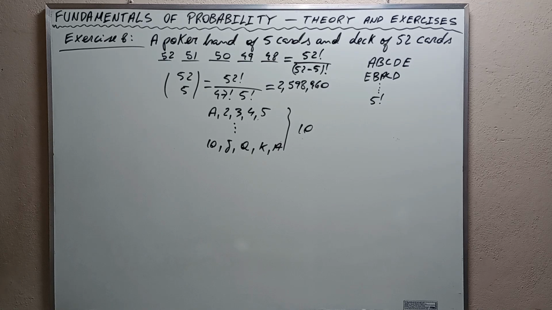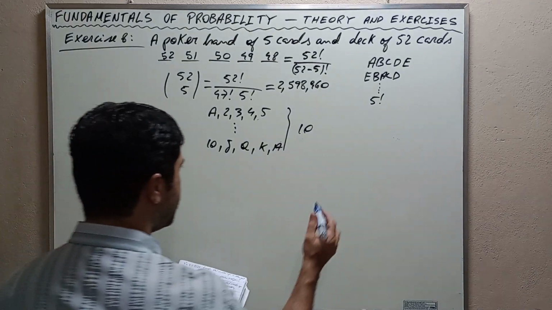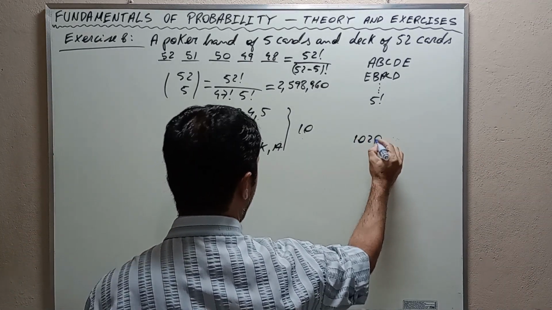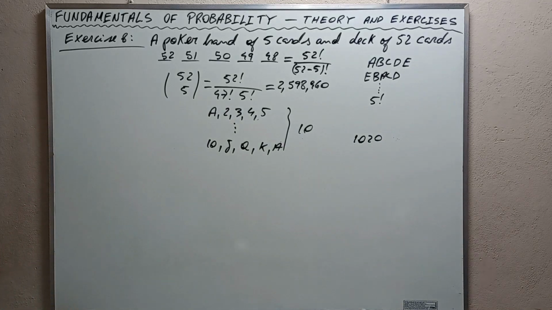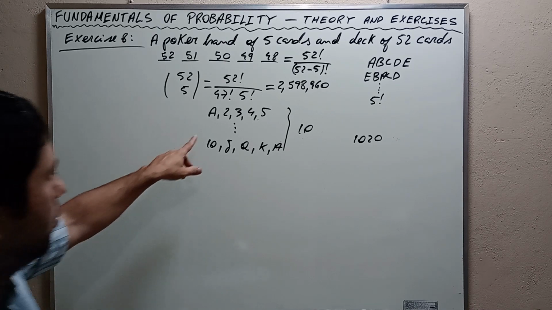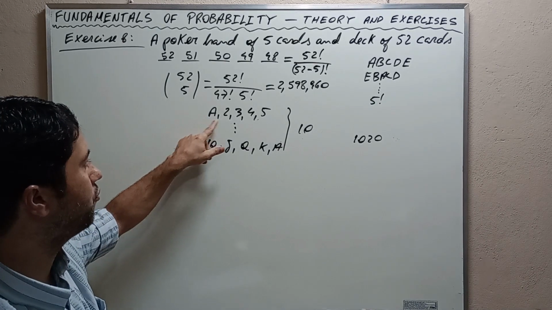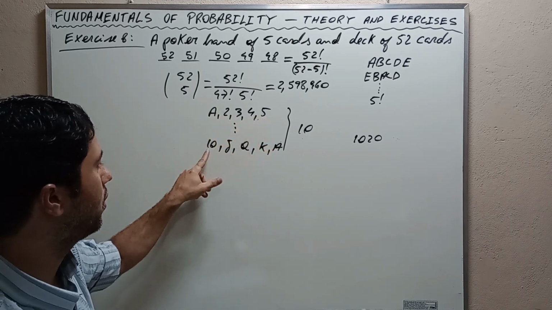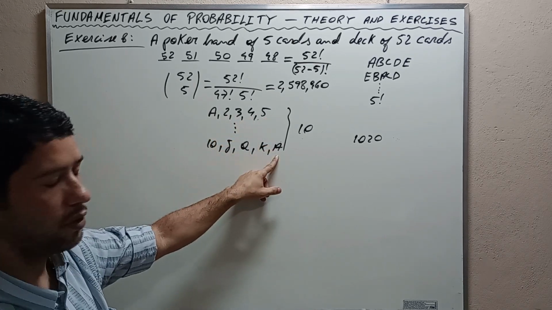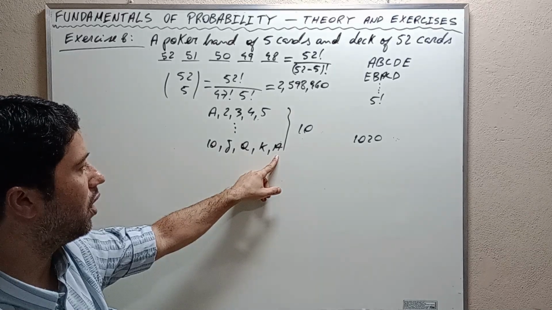And 1020, as we said, 1020 straights using the same ranks. Okay, varying only the suit. This is called a value, or if you prefer, this is called a rank. The rank of the card.